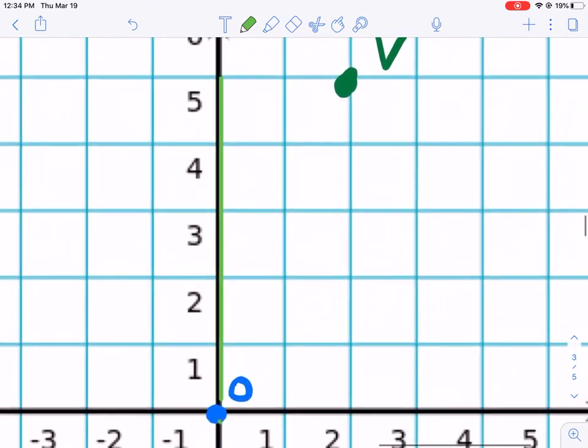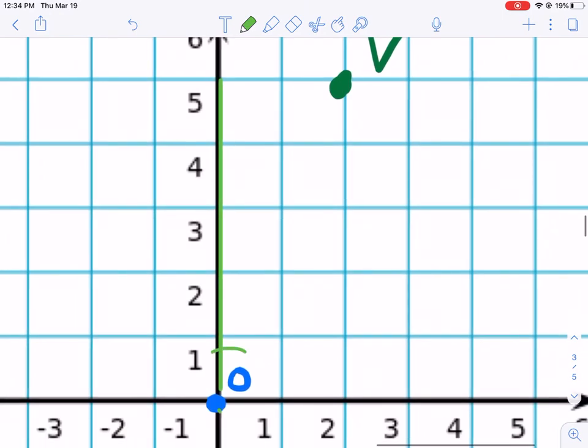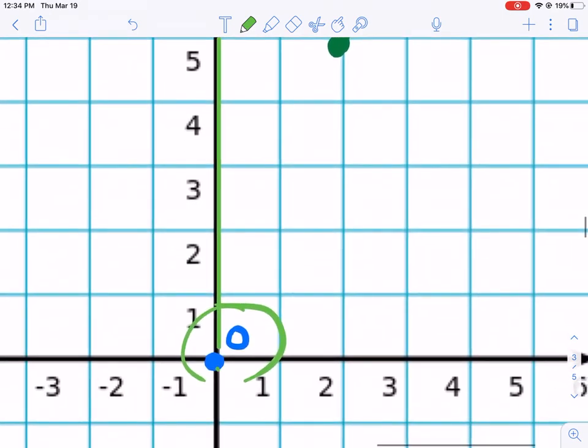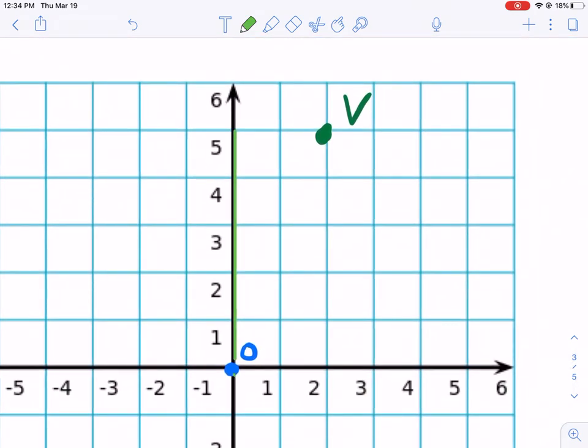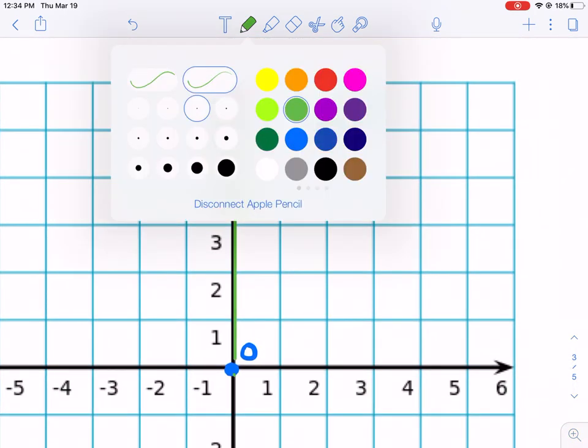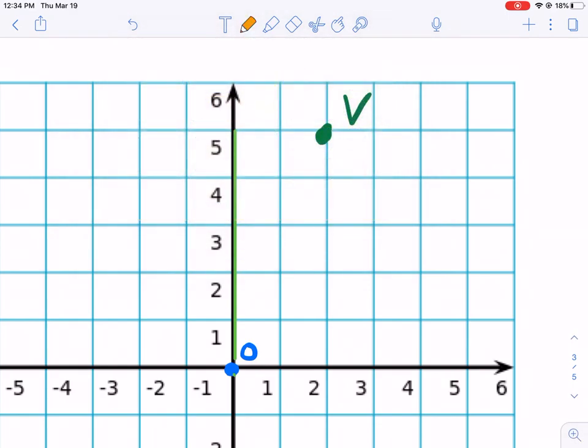So I'm going to draw this green line vertical. As long as it's connected first to the center of rotation, it's fine. I can go horizontal or vertical, but for this particular one, I'm just going to go vertical. And then I am going to go horizontal to connect to V so I can rotate it.